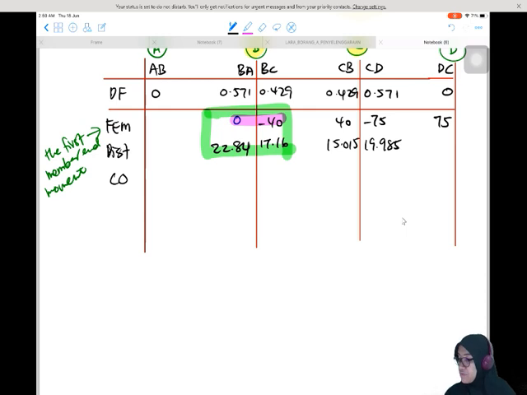The carryover factor for a fixed end, because A is fixed, internal is considered as fixed, and D is also fixed, is 0.5. It is half.